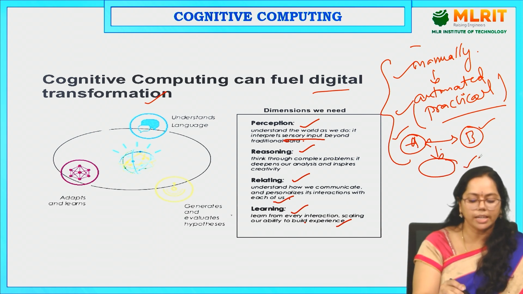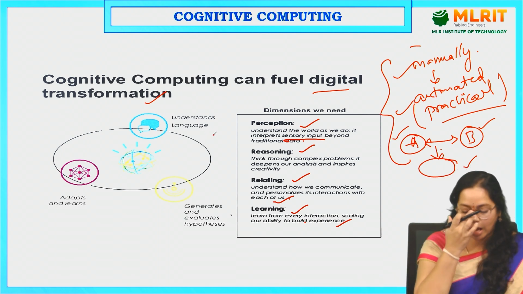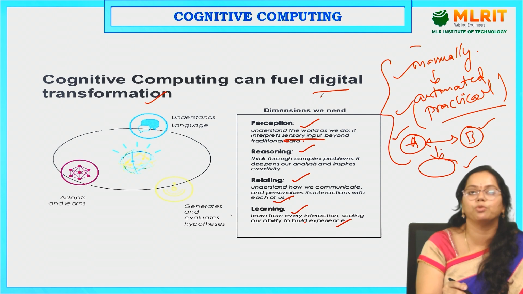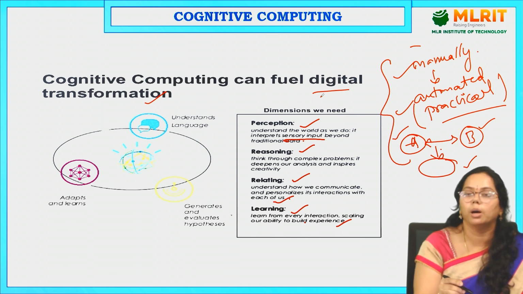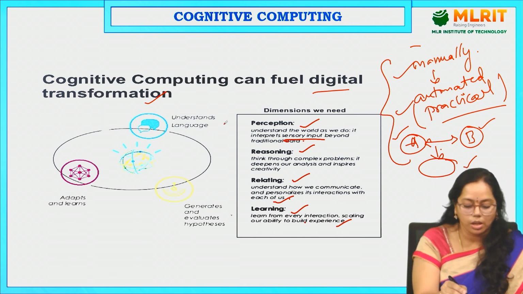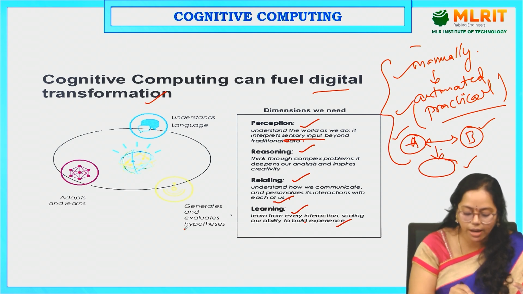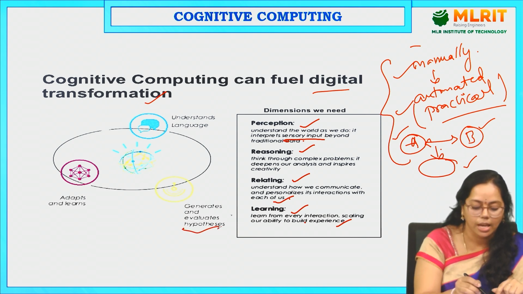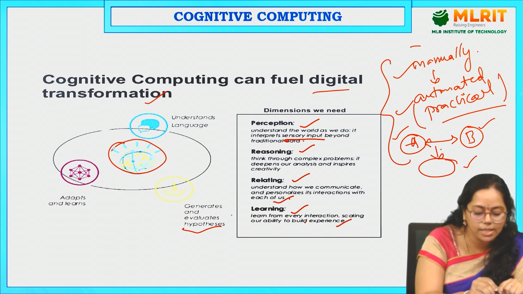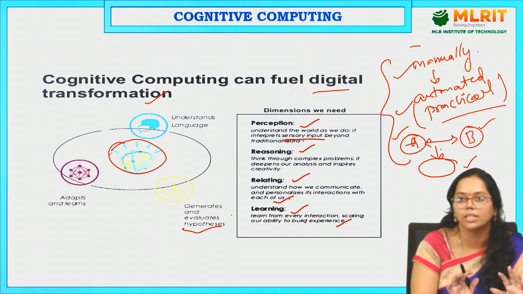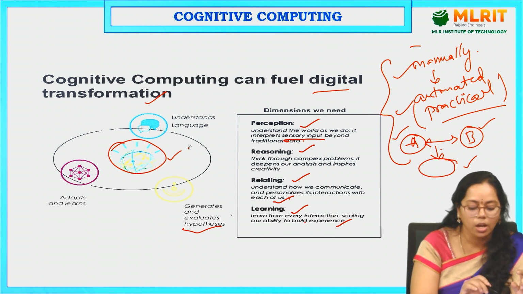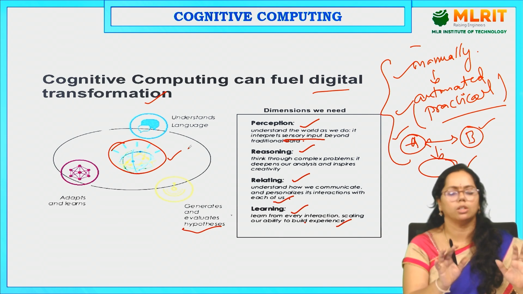So let's see again in brief, how is fuel digital transformation being used. It first understands the language, generates and evaluates hypotheses. Now there is some raw data. For example, there's some raw data here, or there is some information about a patient or anything.